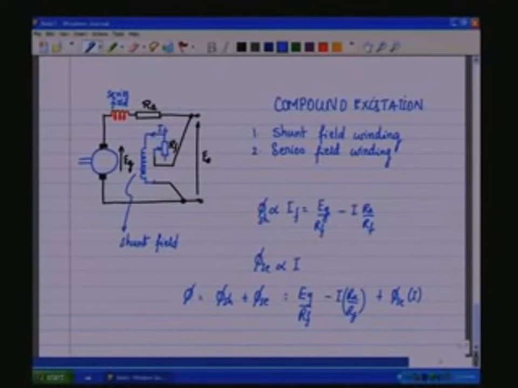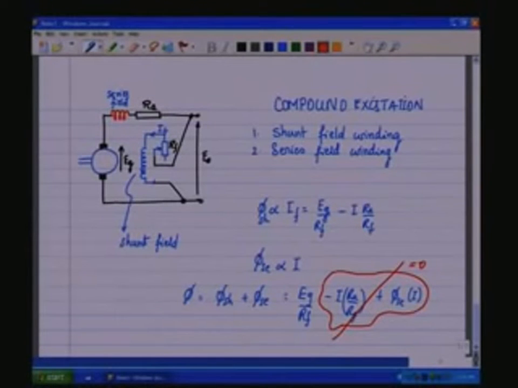So, if the number of windings on the series field is so designed such that the series field cancels out the load component of this shunt field, then this will become 0, then your actual field will be just equal to EG by RF, like in the case of a separately excited DC machine. So, that is the function of the series field.